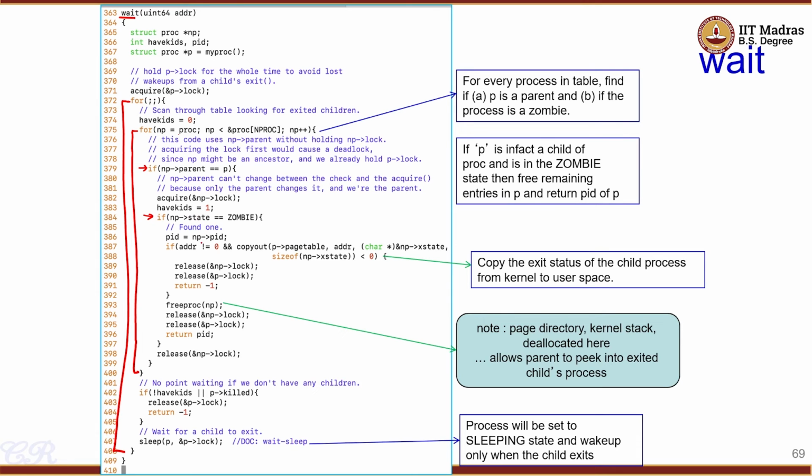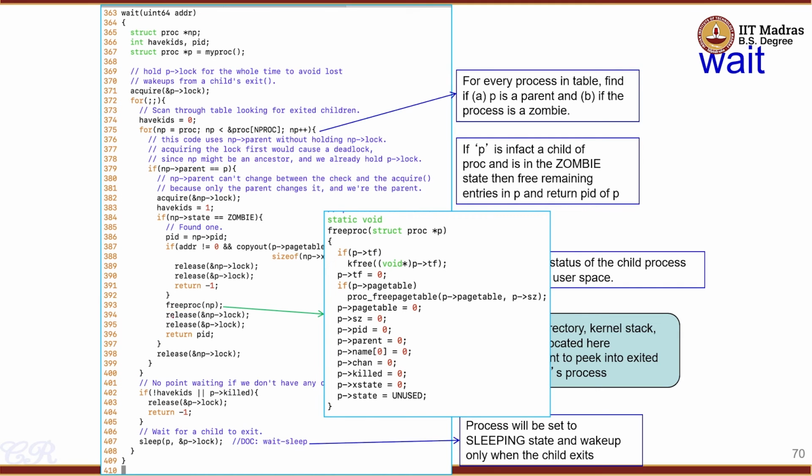Once this is identified, then within this if region, it frees the process. So freeproc over here is used to deallocate the page directory, the kernel stack, and all of the other data structures corresponding to the child process which is in the zombie state.